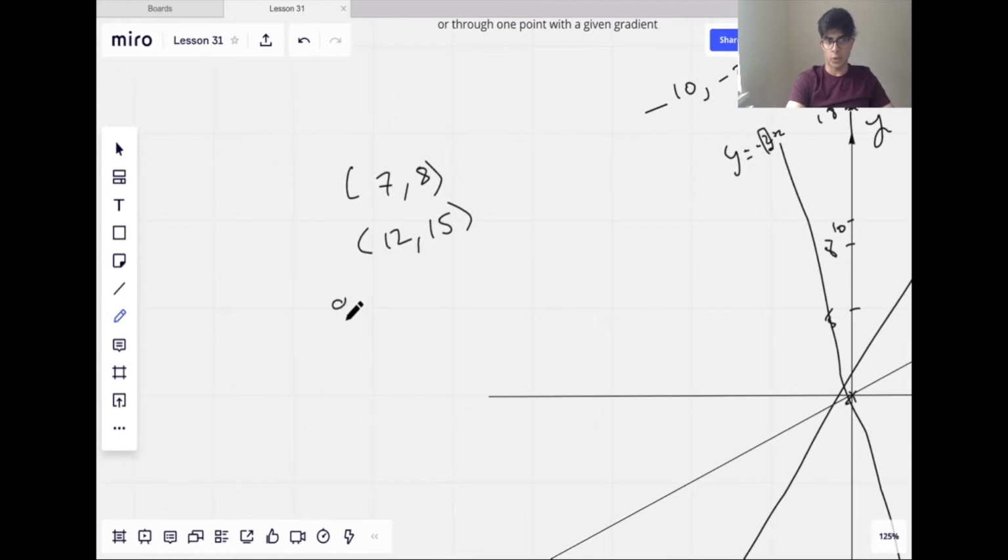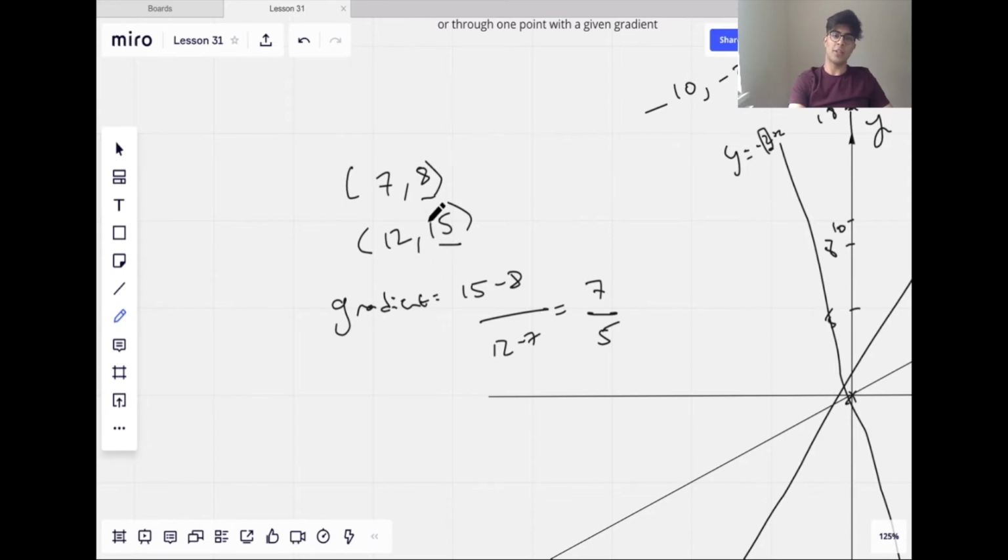Well, we'd say gradient is equal to change in y, which is 15 minus 8, divided by 12 minus 7. 15 minus 8 is 7, 12 minus 7 is 5, which is 7 over 5.